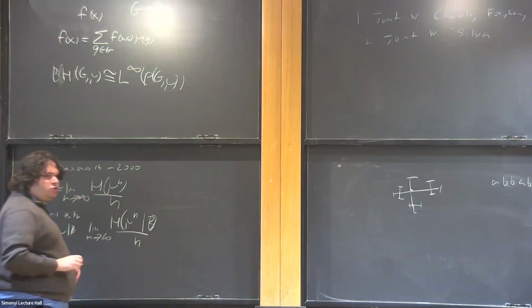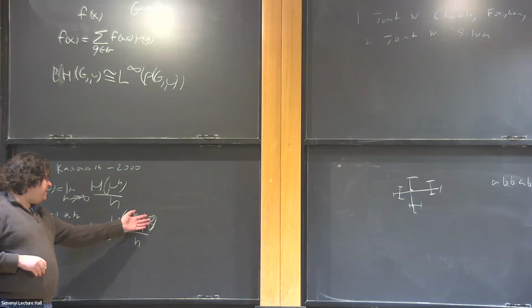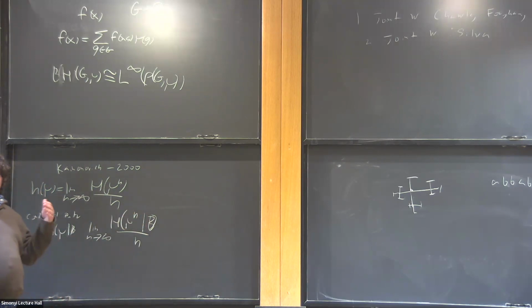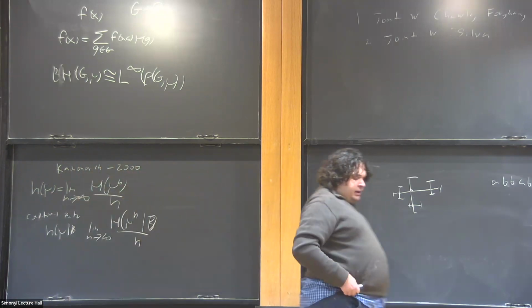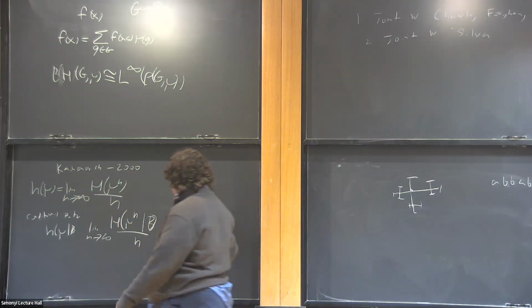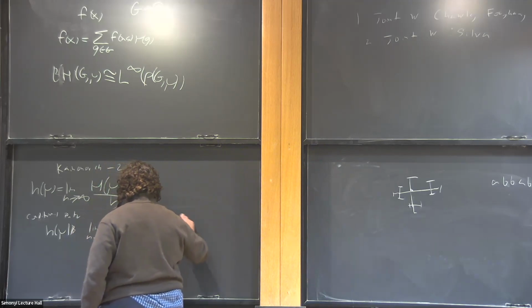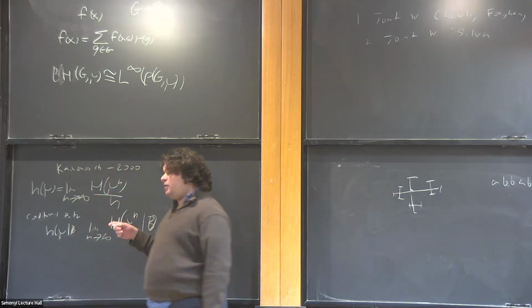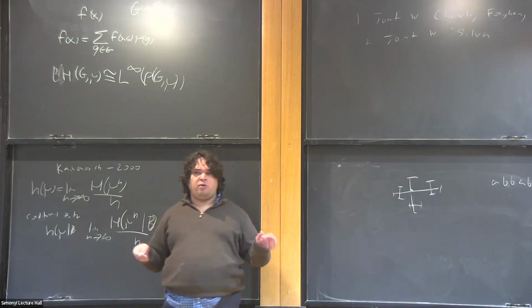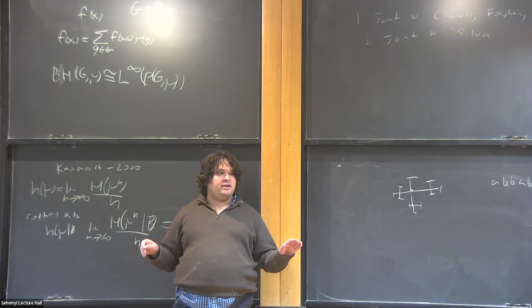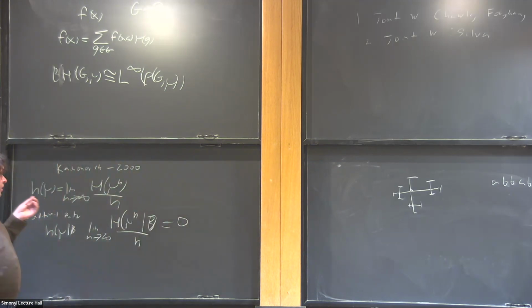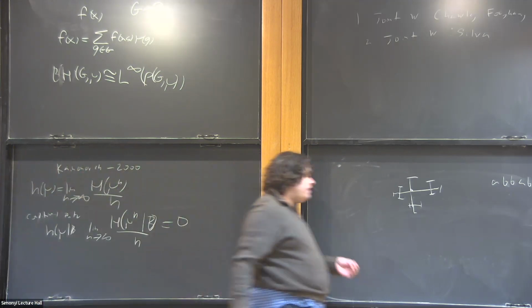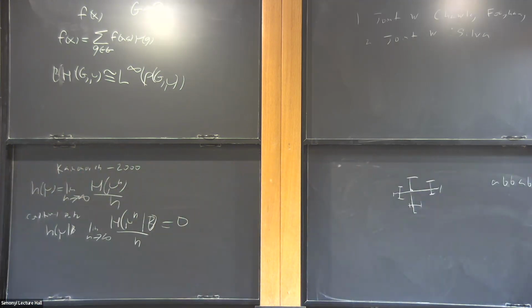For people who haven't seen conditional entropy before, this basically means you assume you know everything in B and then ask what the entropy is. Kaimanovich showed that if this is 0, then B is up to null sets the Poisson boundary. So this gives you a way to compute the Poisson boundary just by computing some entropies.